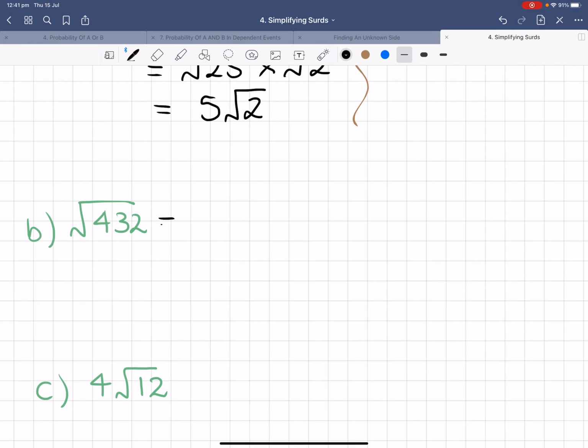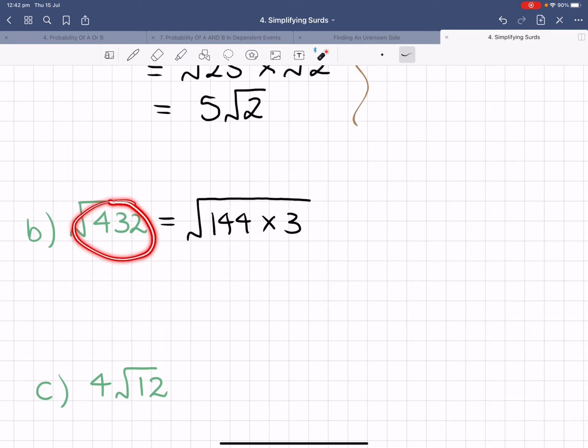All right, the next example, two numbers that multiply to give you 432, where one's a square number. So the numbers that give you that are 144 times 3. Now, the way that you can find the square number is by going through and dividing this by square numbers, okay? Or if you can think of it off the top of your head. Otherwise, just get that into your calculator and start dividing it by square numbers.